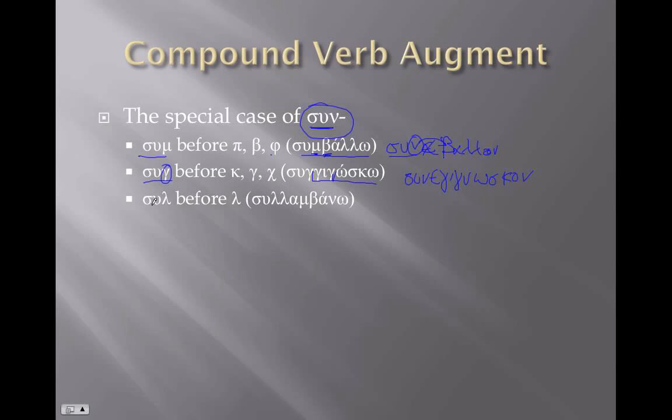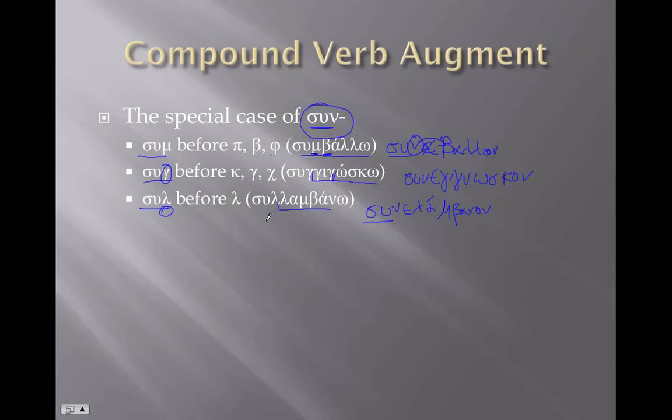And sun becomes sul with a lambda. It assimilates to the lambda if the stem begins with a lambda. So sullambano. But when we augment it, that sul goes back to its original sun. Sunelambanon. So there's some backwards forming that you need to pay attention to.